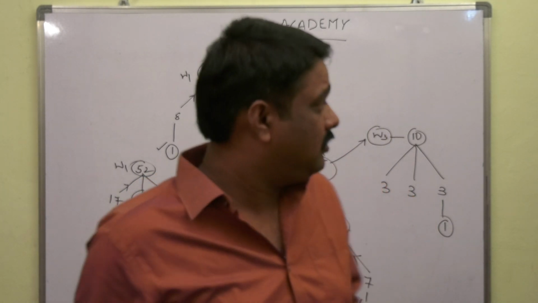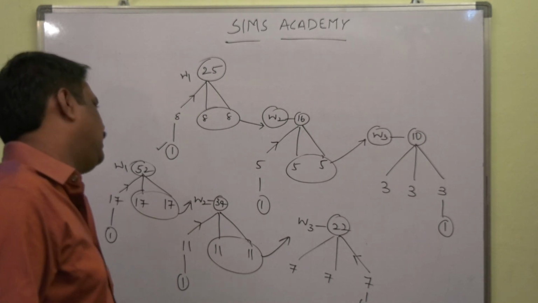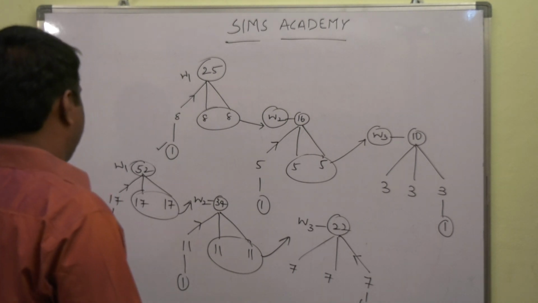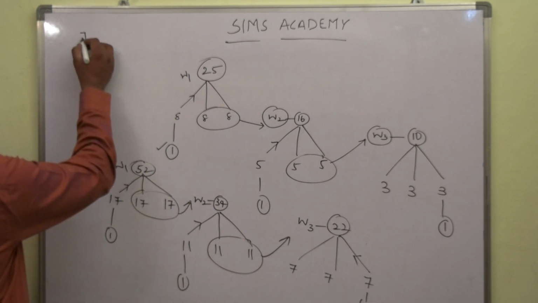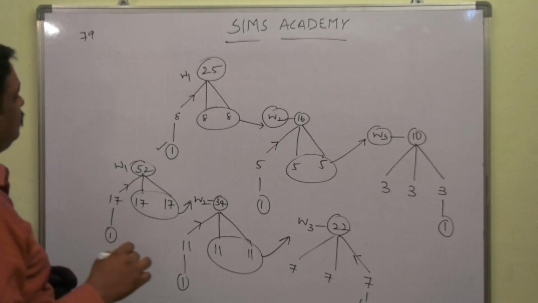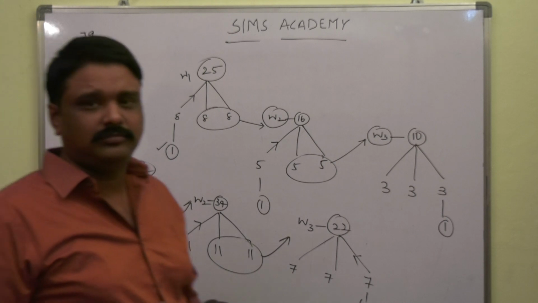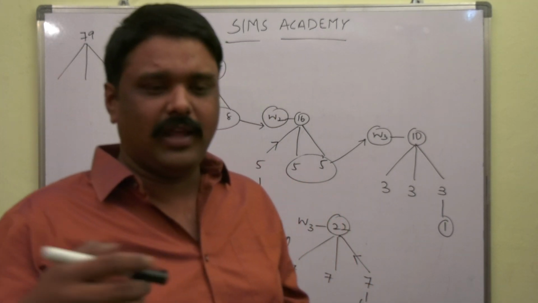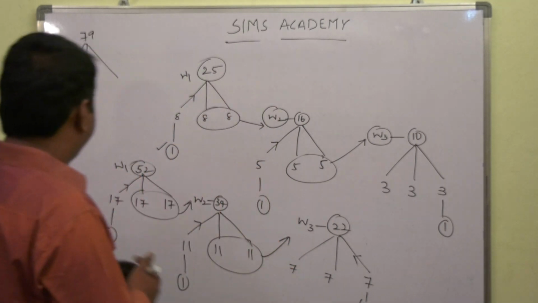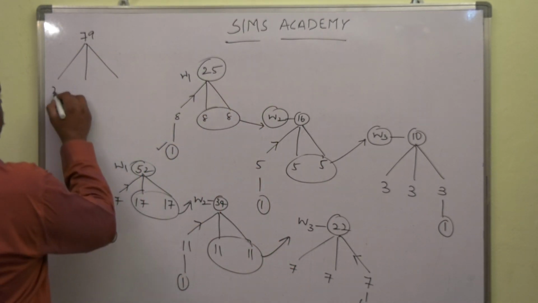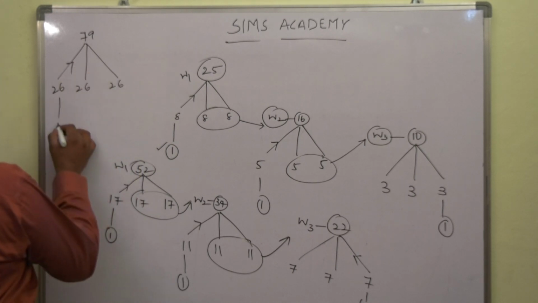And next, I think 79. Three equal parts. 79, if you take out 1, 78. 3 sixes are 18, 26. 1 remains.